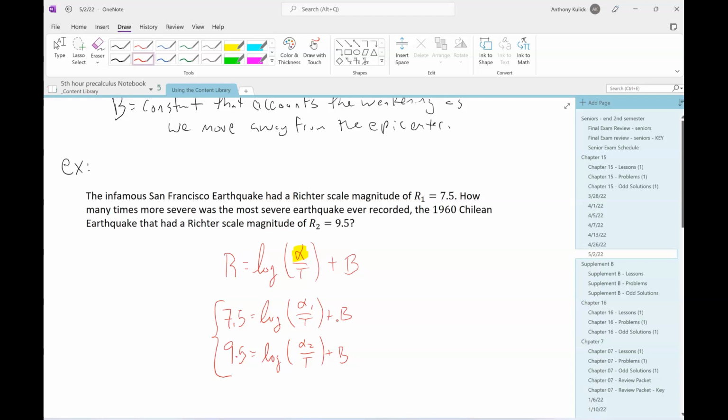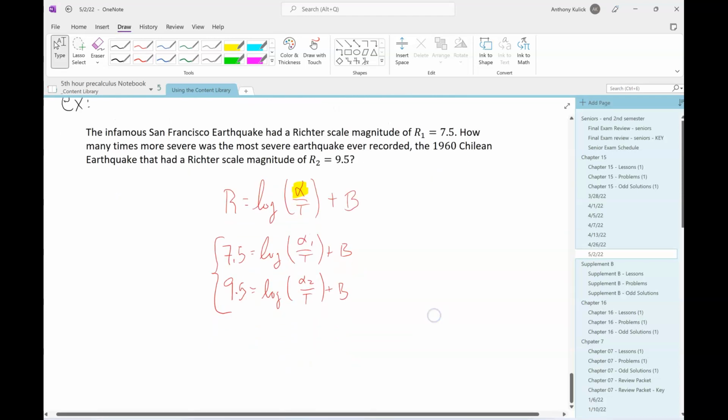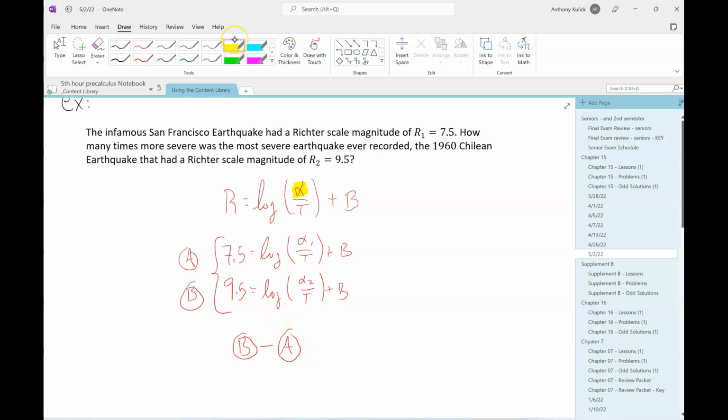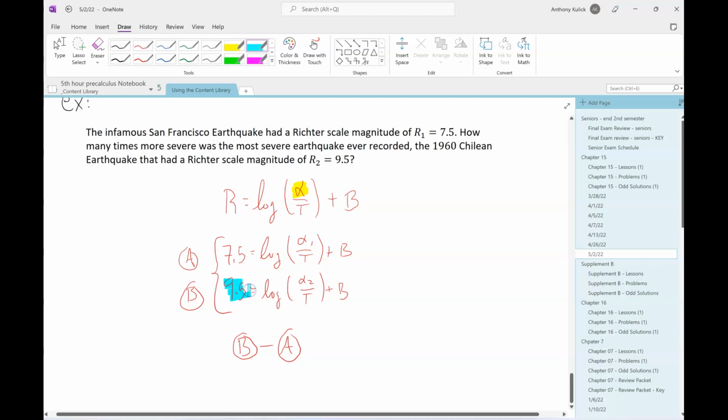Okay. So to solve this system, if I call this equation A and this equation B, I'm going to do equation B minus equation A. Basically, the rule that I would use is whichever has the higher value of R, I would subtract the other one from that one because I want a positive number on the left-hand side when I do that subtraction.